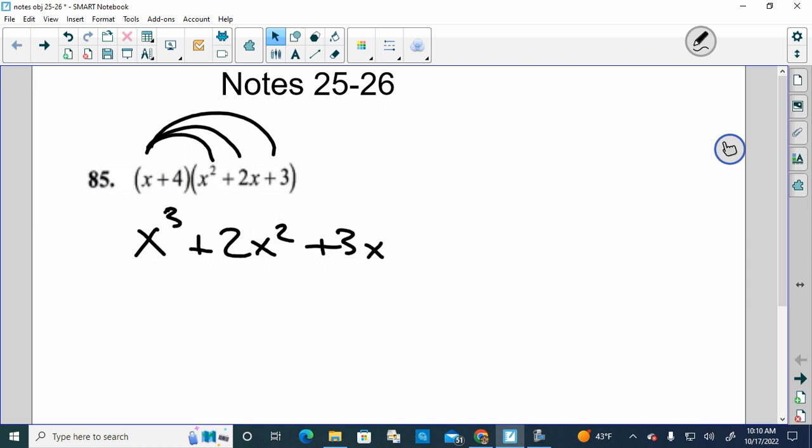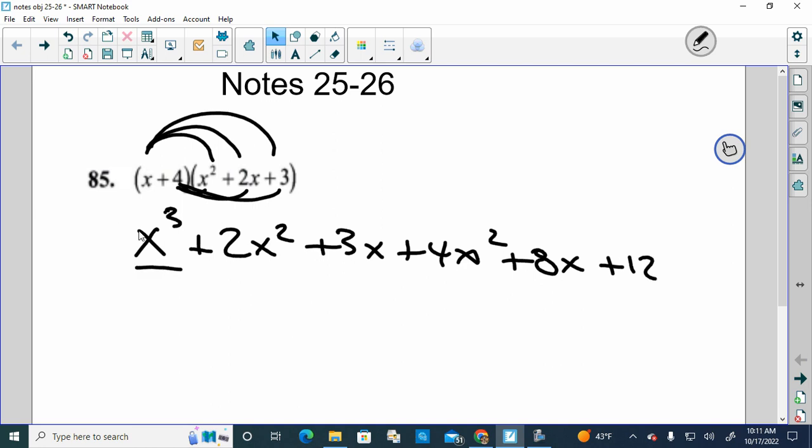So we've already distributed to all three things. Now we need to go to this one and distribute 3 times. It's going to go just like we did with the last one. So it's going to be a positive 4x squared, positive 8x, and then a positive 12, and then just look for your like terms.